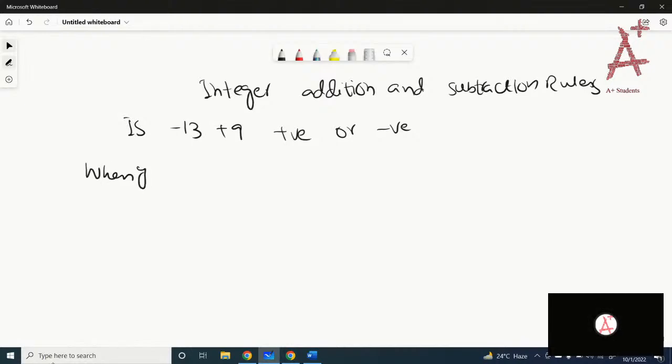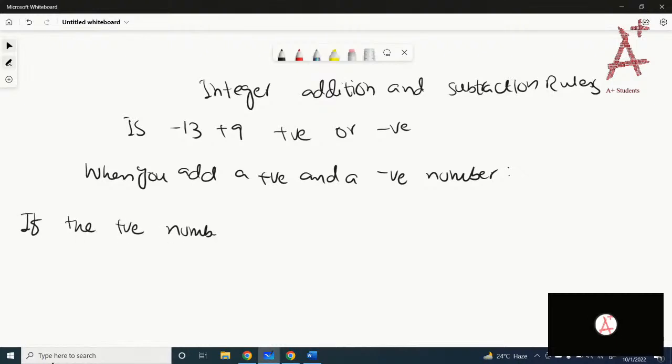Okay, when you add a positive and a negative number, if the positive number has a bigger magnitude, the result is positive.